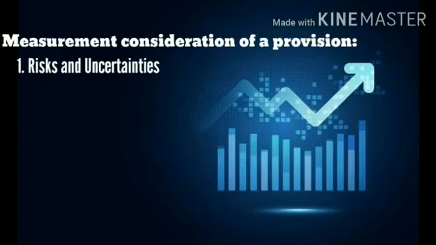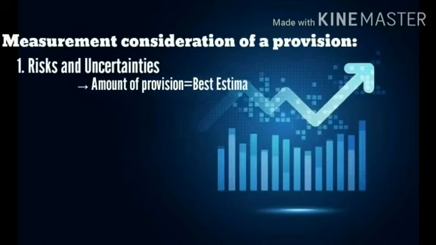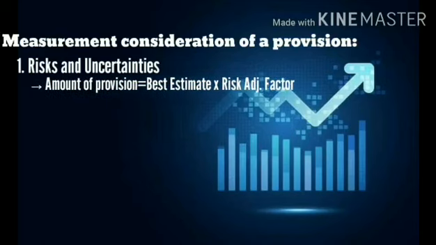So the amount of provision now must be adjusted to reflect the uncertainties. Na ang pasabot, the amount of provision now will be equal to the best estimate, then atong i-multiply sa risk adjustment factor, and that's the amount of provision.